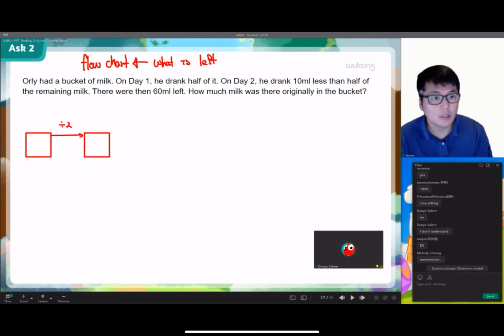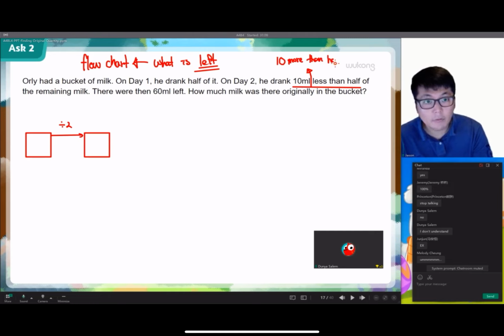And then here comes our practice question, Danya. On day 2, he drank 10 less than half of the remaining milk. But remember, we need to find what is left. We did a lot of practice. 10 less than half means what? 10 more than half. Yes, 10 more than half is left.